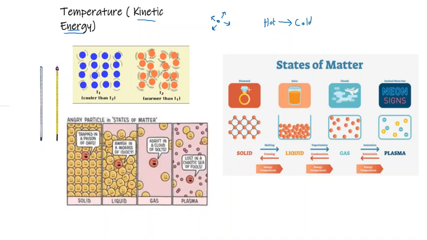So if you have, let's say, a hot object here, heat will travel from where it's hot into the regions where it's cold.